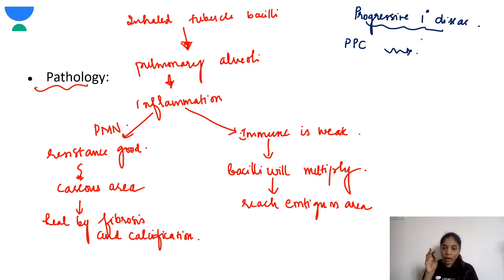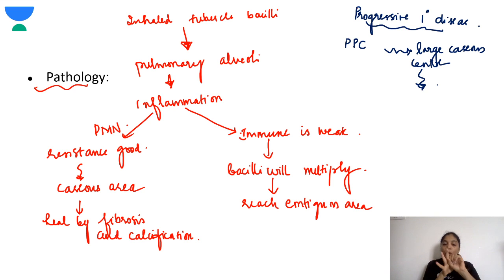There is already a primary focus, right? Whatever caseous matter was formed, it should heal. But instead of healing, what happens? It develops into a large caseous center. Now in this center, the center will liquefy and empty into the adjacent bronchus. Just imagine this is a hard ball.